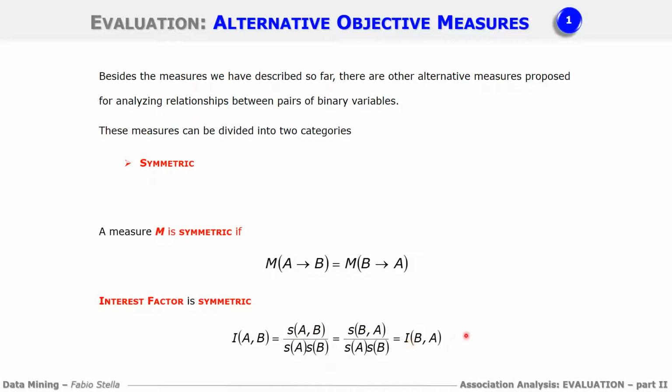Then we obtain the equality to the right, I of BA. This shows that the interest factor for the pair of items A and B is equal to the interest factor for the pair of items B and A. Therefore, we can conclude that the interest factor satisfies this condition and thus it is a symmetric measure.